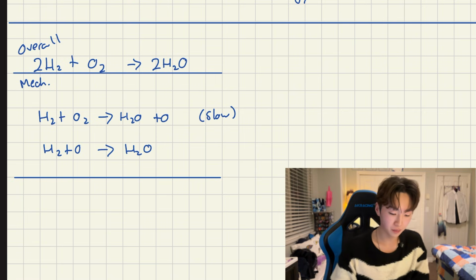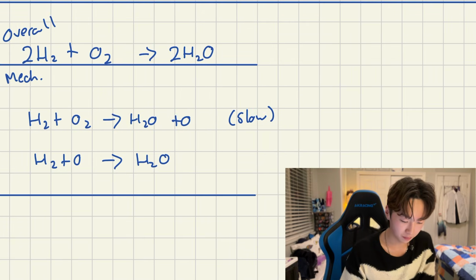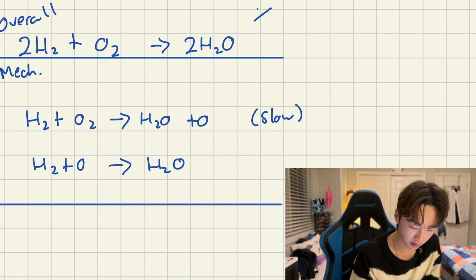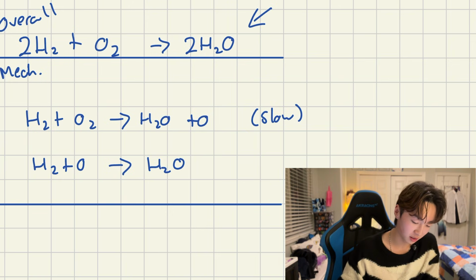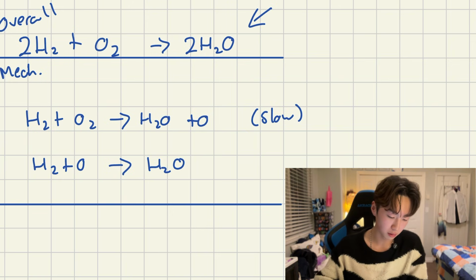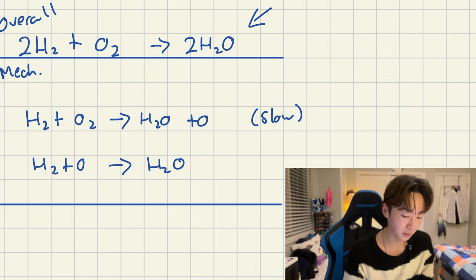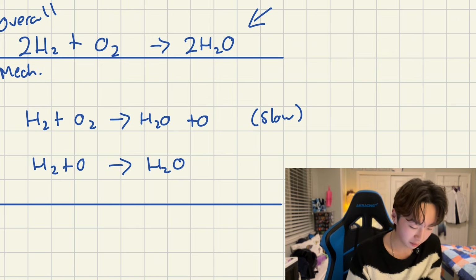So the reaction mechanism theory is that in order for this overall reaction to actually occur, you need a bunch of intermediate steps which are more likely to occur. So looking at this example right here, our overall reaction is 2H2 plus O2 gives you 2H2O. Now, here's a possible mechanism for how this could have happened.